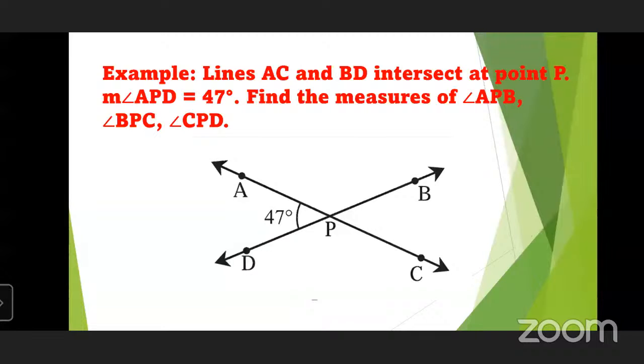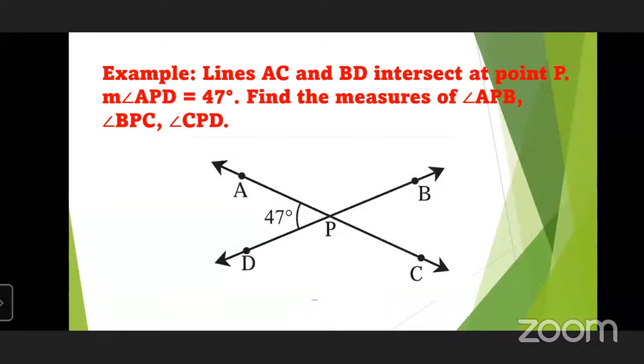What we have to do is check angles in a linear pair. Fine. Now see here, there are two angles in a linear pair: first, angle APD and angle CPD.